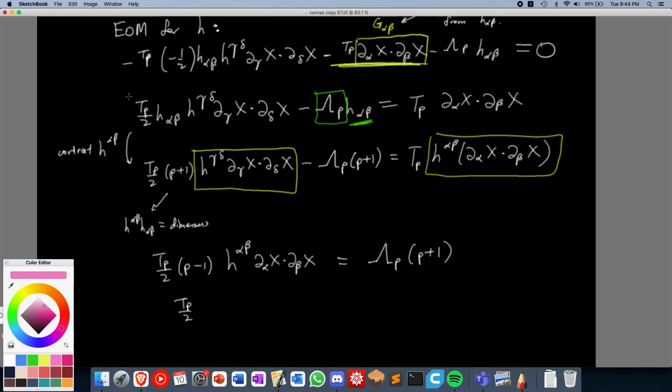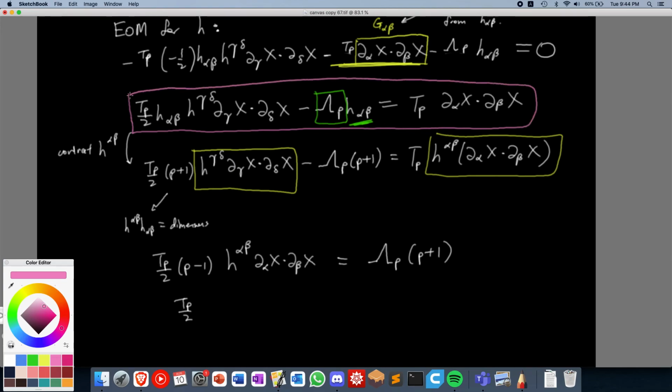Okay, we should use this one. So this was the equation of motion, and we now have this guy, which is similar to this guy in terms of scalars only.